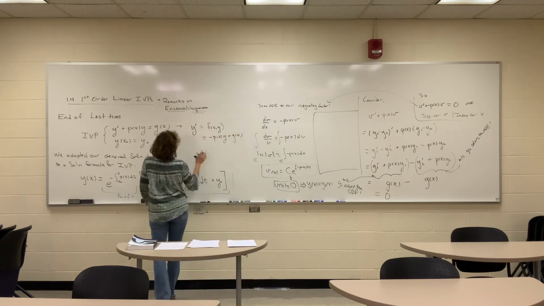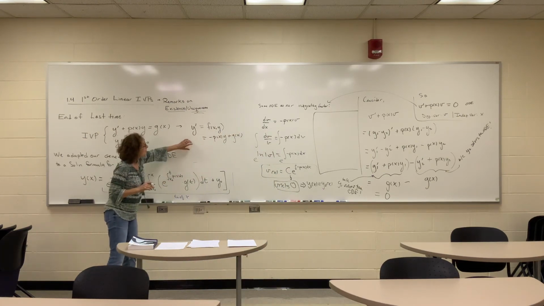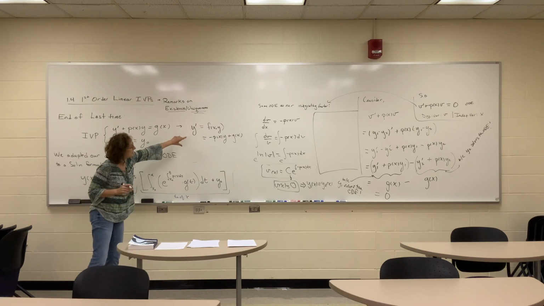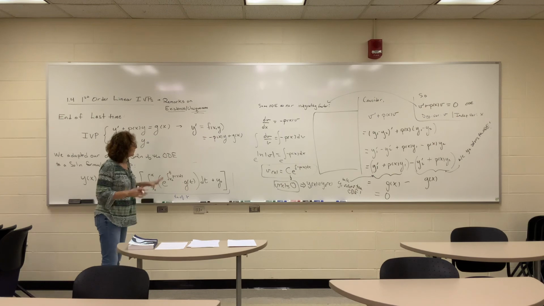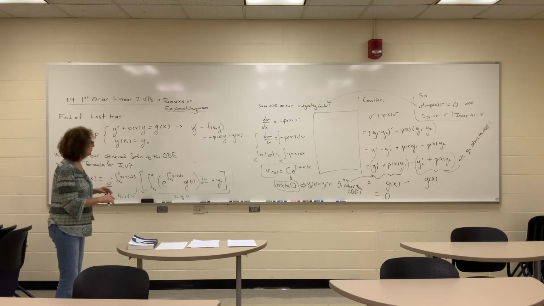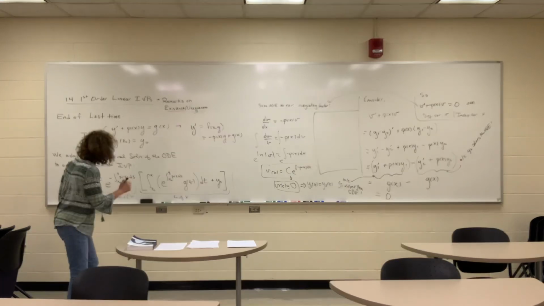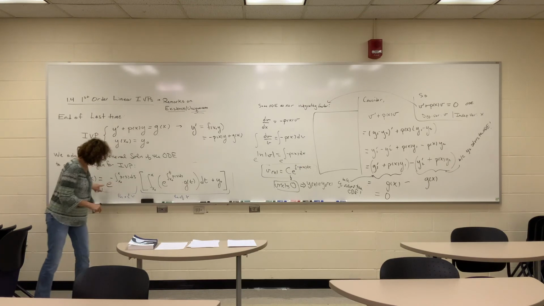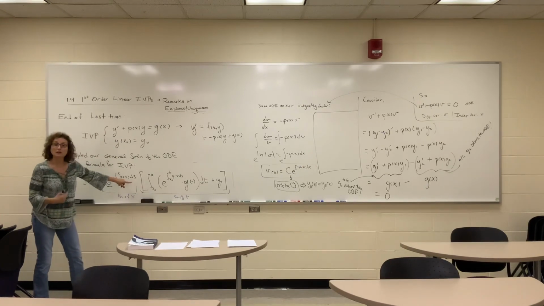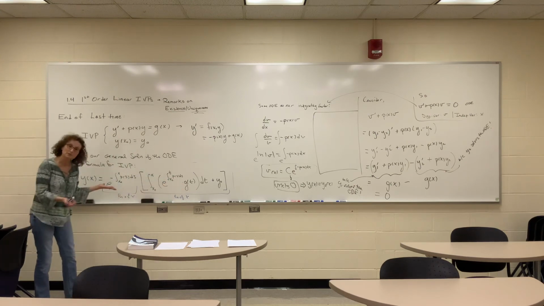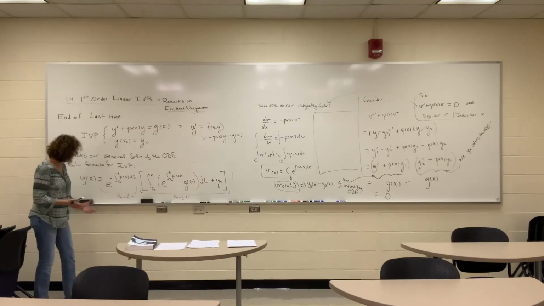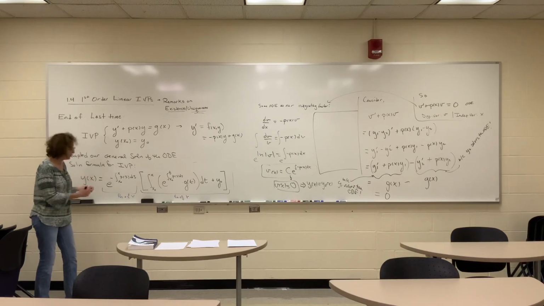So you should think about what does Picard say about this problem, and then we'll come back in another video and talk a little bit about comparing and contrasting nonlinear problems and our nice linear problem where, as long as this is the unique solution, and as long as these integrations are possible, then we have a nice continuous function that comes out of it.